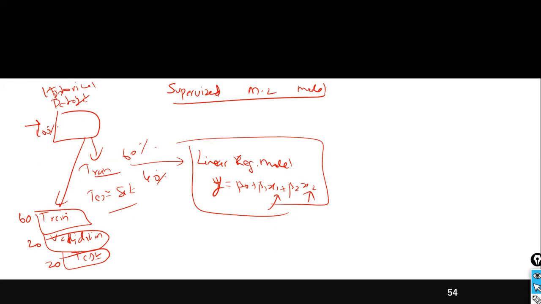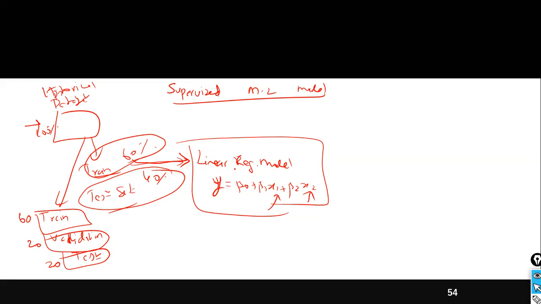In some cases, we split it into train, validation and test sets, and we'll discuss this a little later. Let's start with this one. In this case, 60% of the data is split for the training set and 40% for the test set. With the 60% training data set, we are going to train the model, which means we are going to teach the model.